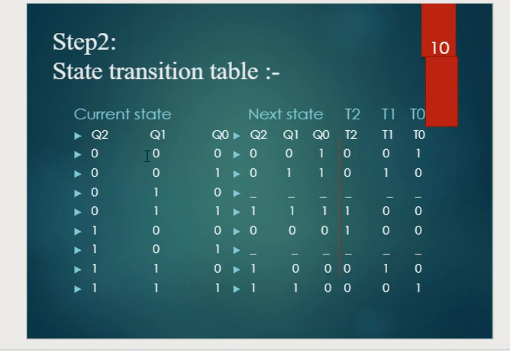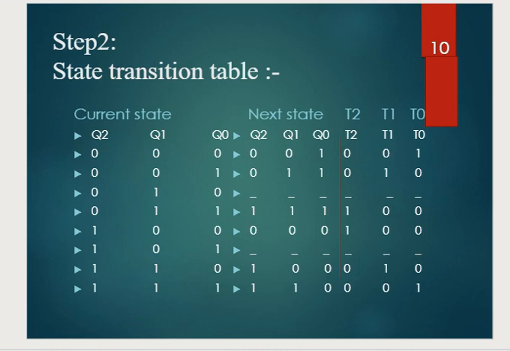If the present state is 0 and the next state is also 0, then we'll get the output 0. Again, if 0 and the next state is also 0, we get output 0. Here is the don't care condition, and here the present state is 0 and the next state is 1, so we get the output 1. Similarly, I listed all these binary codes.